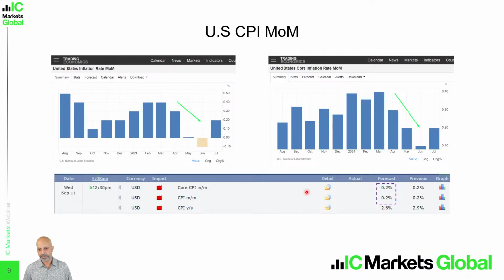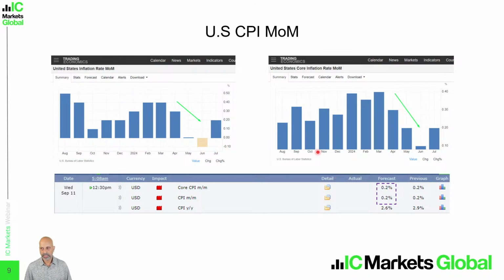Looking at US inflation, that's out on Wednesday, 11th of September, 12:30 p.m. GMT. We can see on a monthly basis, headline and core CPI has moderated lower and has grown 0.2% month over month in July, and we're expecting another steady increase of 0.2% in August as well.